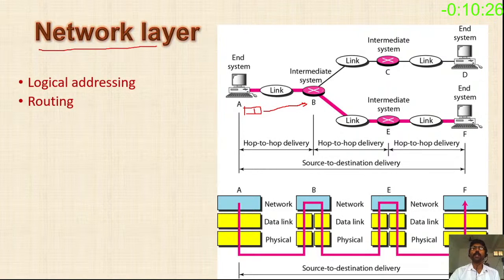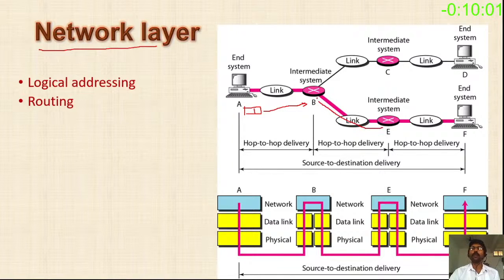B is nothing but an intermediate system, also called a router. These routers know where the destination is located. It reads the IP address and identifies the destination F. So it will send that packet to E without modifying the packet.